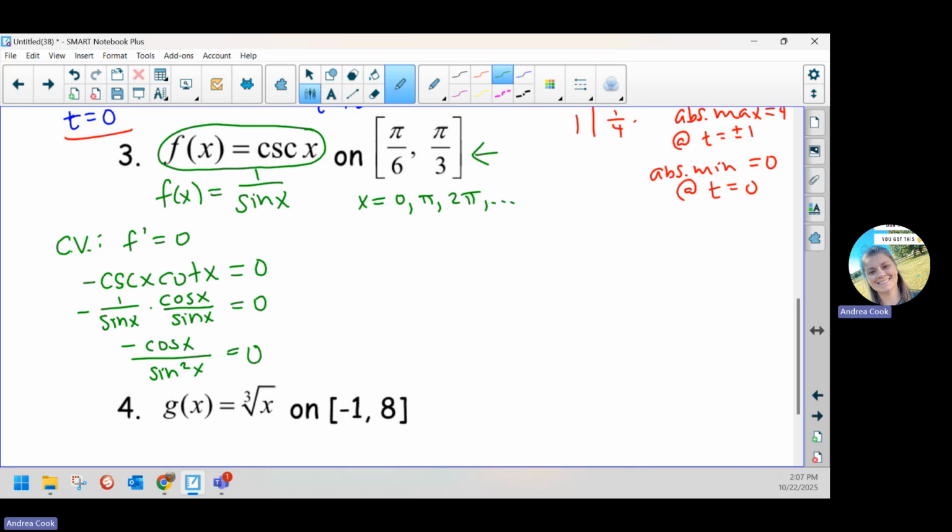And so where is a fraction equal to 0 is where the numerator is equal to 0. So I'm just going to look at where is cosine equal to 0. Sorry, where is negative cosine equal to 0? So that would be at pi over 2, 3 pi over 2, and so on. But on this interval here, there are none.